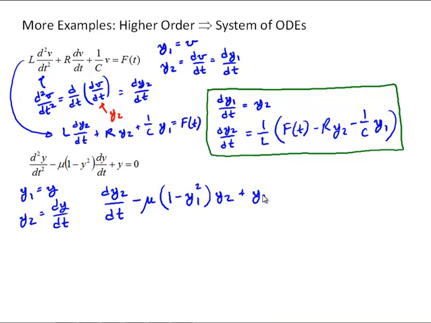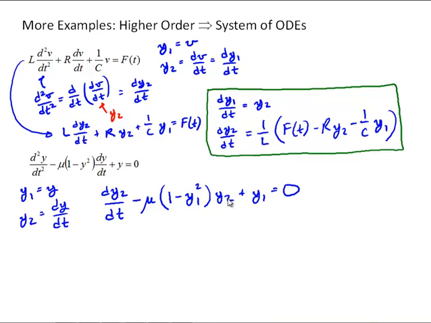plus y1 equals 0. And you might wonder, well, why didn't we just leave dy1/dt in there? If we left dy1/dt in there, then we'd have two different time derivatives in this equation, and it would make it difficult to separate this out into a system.